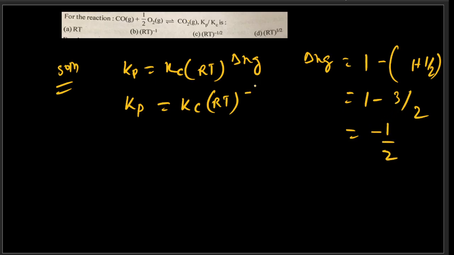So Kp by Kc equal to RT^(minus 1 by 2). So C is the correct option.